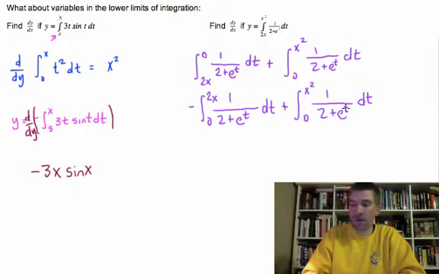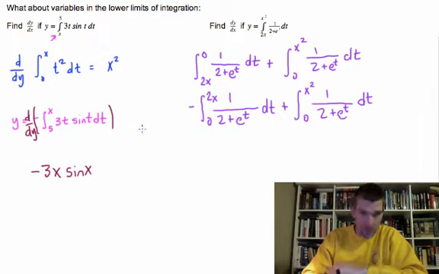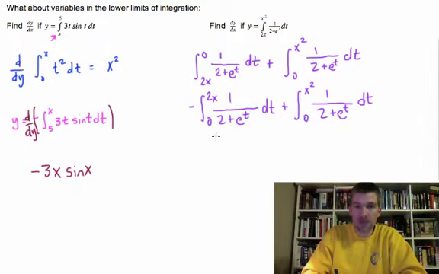Now, the only other thing we've got to do here is use our chain rule, because we don't have just plain old x up there in our upper limits. So if I let u equal 2x, if you rewind back to the previous slide, we talked about chain rule.